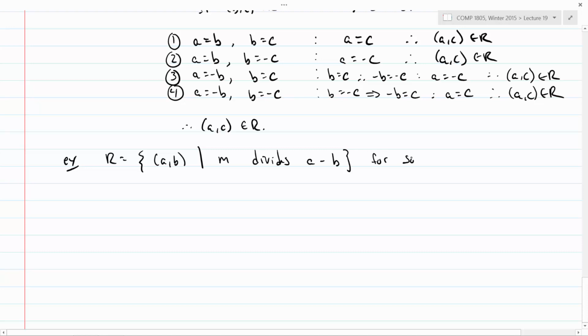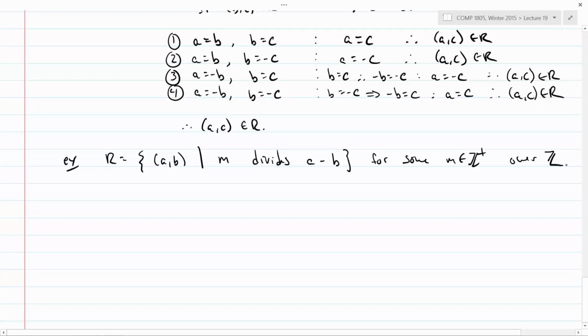And this is for some positive integer m. And this is over the integers. So m is just some variable. We're not going to use it. We're going to write it, but I'm not going to say what it is. It's just some variable. And I would like to know, is this thing an equivalence relation?